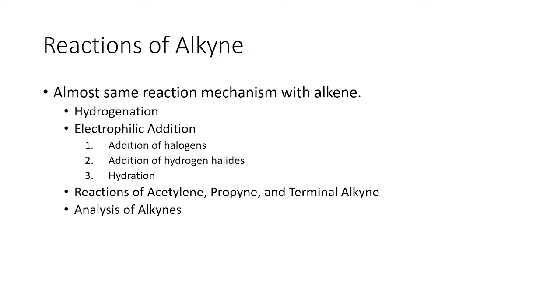So since in alkynes we have two sets of pi bonds or pi electrons, we can expect that there is a loosely held bond when it comes to these pi bonds. And due to these pi bonds, nagkakaroon lang din actually tayo ng mga tinatawag nating addition reactions.